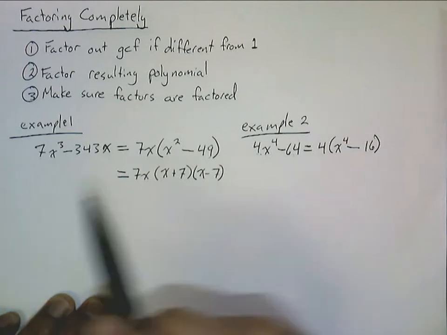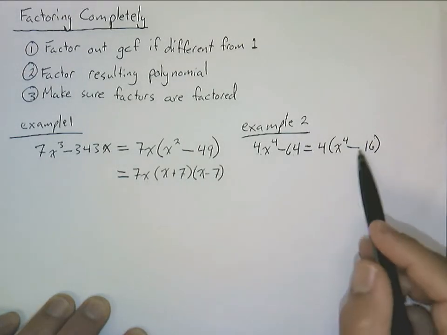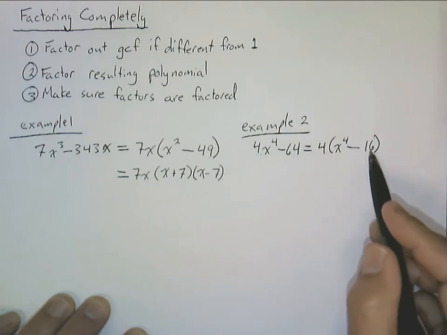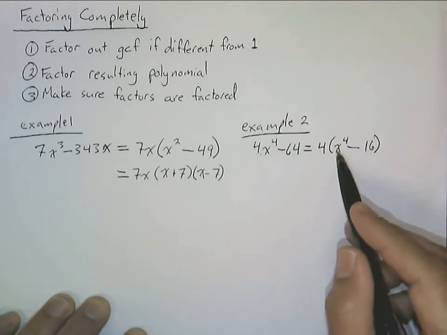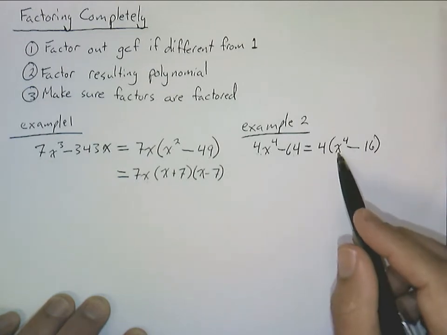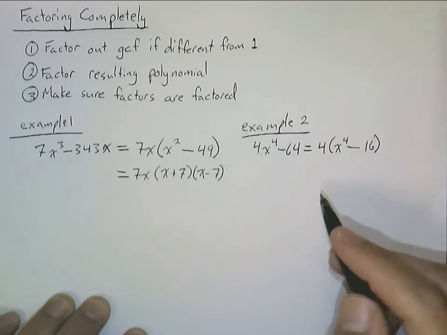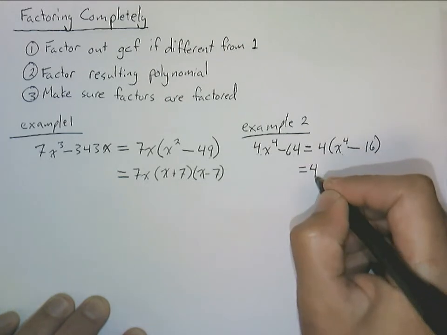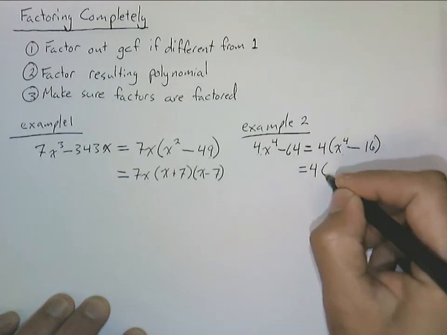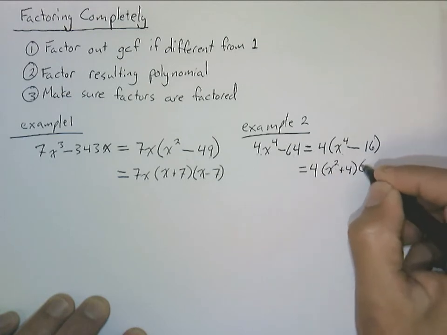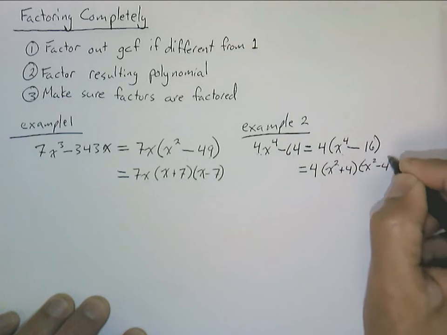Okay. So now we need to factor this if we can. Now notice we have a difference here. 16 is a perfect square, and actually x to the 4th is also a perfect square, because x squared squared is x to the 4th. So this is really a difference of squares. So that'll factor as x squared plus 4 times x squared minus 4.